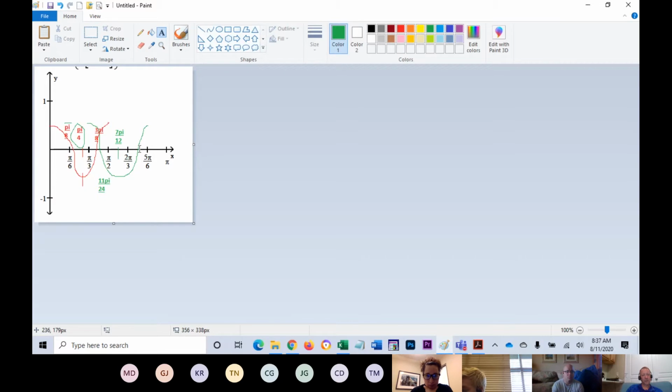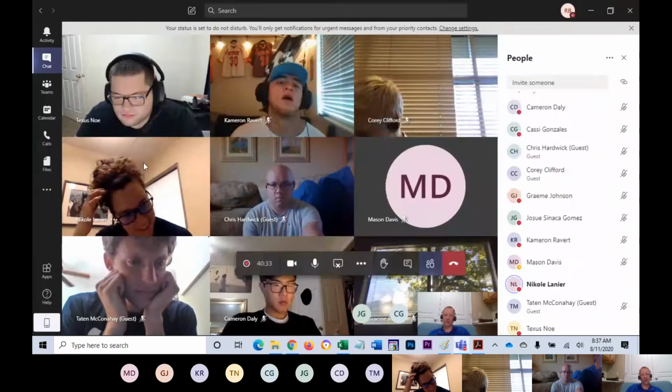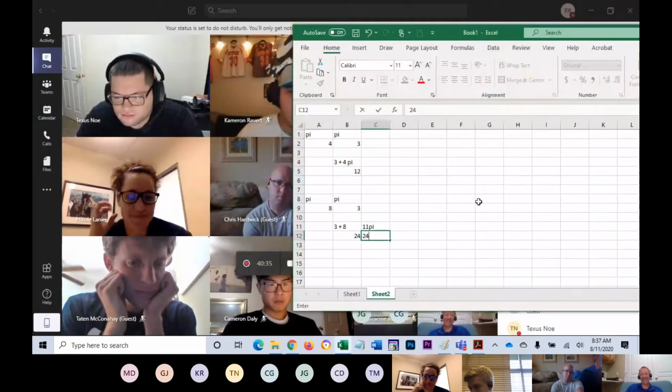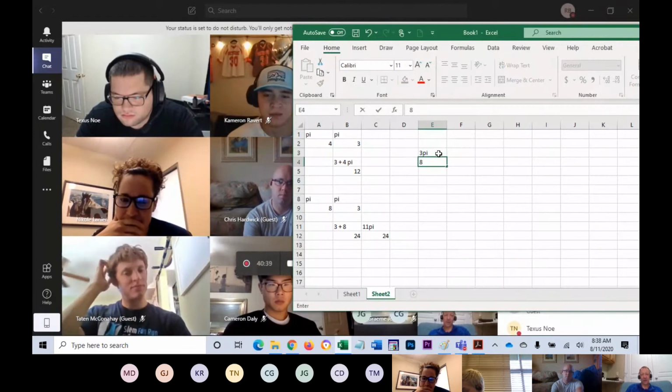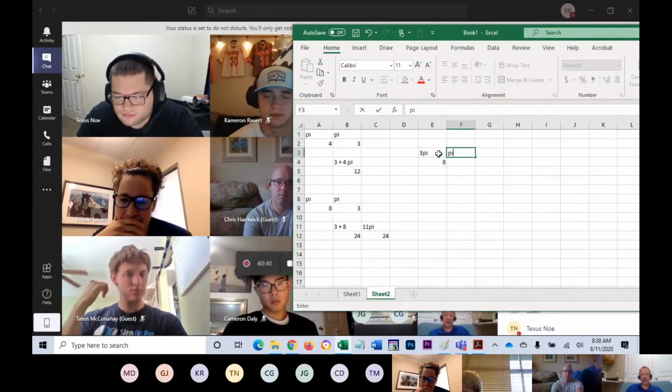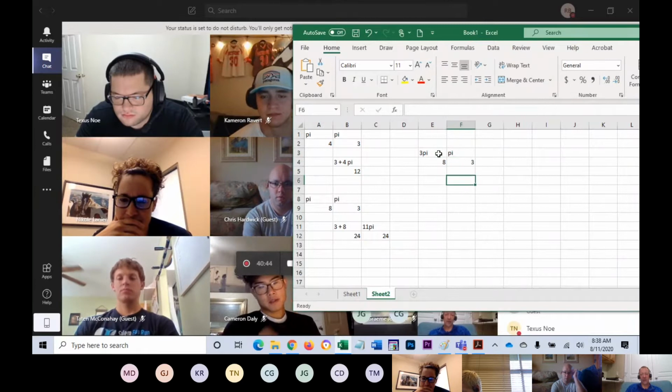And then what's this point here? Would you take the 3 pi eighths plus pi thirds? Yes. Okay, so 3 pi eighths plus pi thirds.